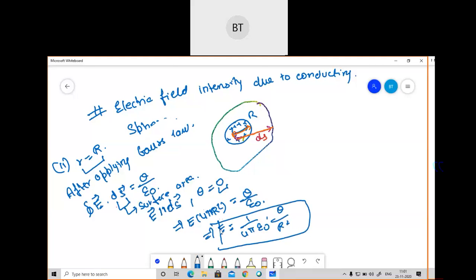So this is the value I'm getting for the second part. When you substitute the value of E in both the equations, I have derived all those two terms.